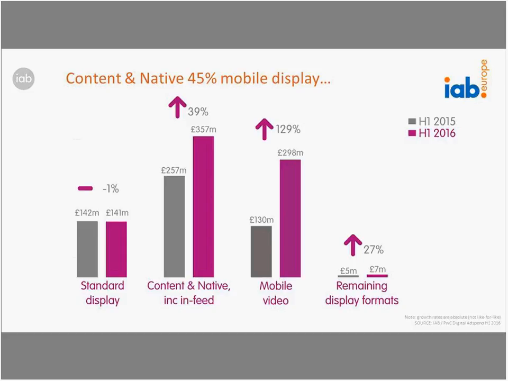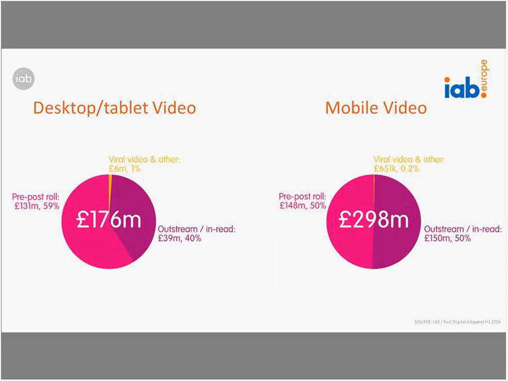What's happening with video on this next slide, if I can get it to click through for me. And you see here that if we take away pre-post roll from the total spend of mobile video, outstream and in-read, which are very similar formats to native in-feed, is virtually half of all mobile video spend.